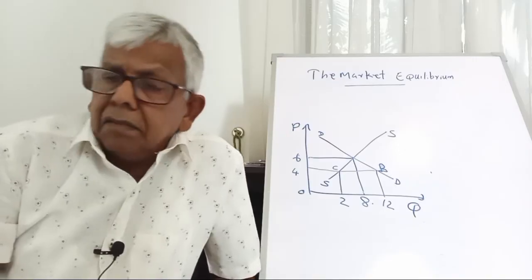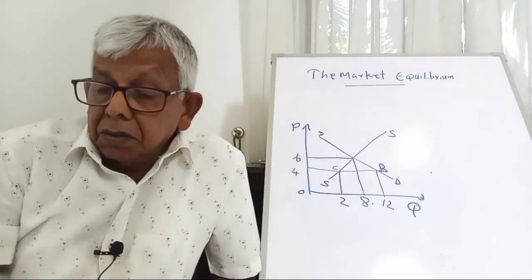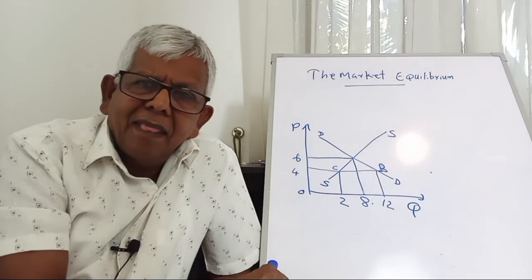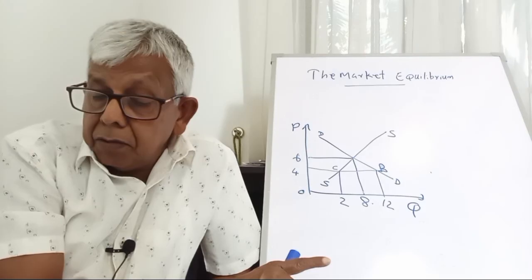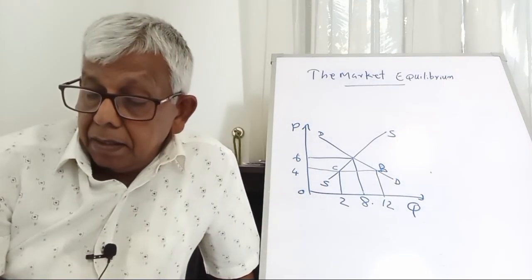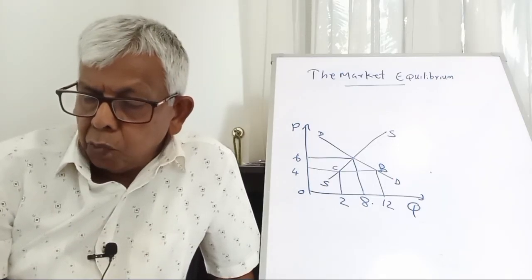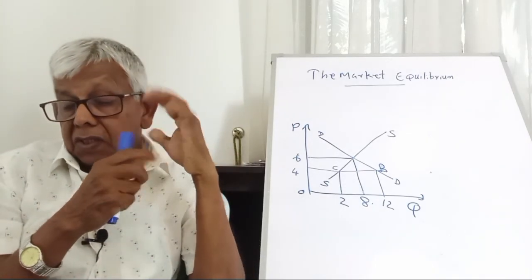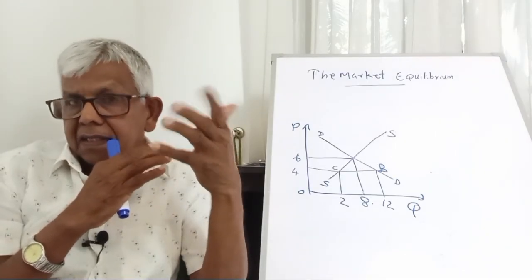At the price level of 4 rupees, the demand is 12 units, point B, and the supply is 2 units, point C. Accordingly, at the price level of 4 rupees, there is an excess demand in the market because the demand is exceeding the supply.